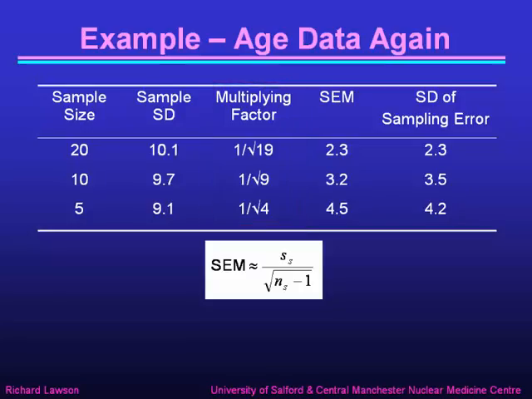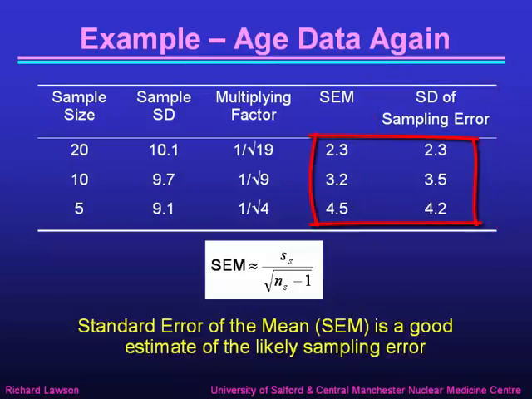So if we take our 10.1 sample standard deviation, that gives a standard error of the mean of 2.3, 9.7 gives 3.2, and 9.1 gives 4.5. We've already just calculated the standard deviation of the sampling error, and we see that the standard error of the mean is a very good estimate of the likely sampling error.